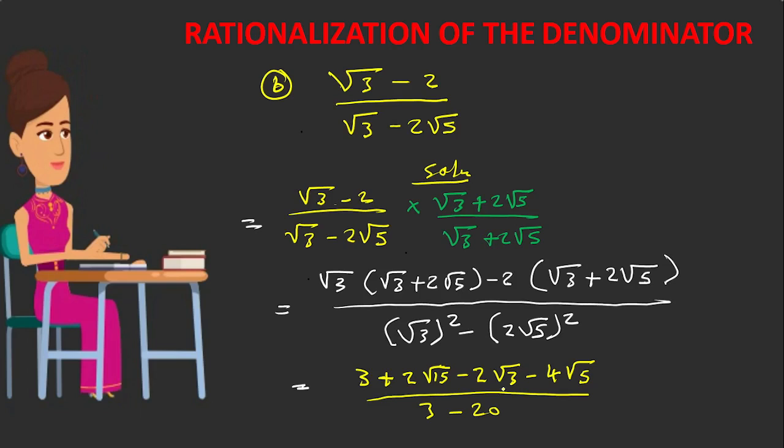So now we have 3 minus 20, which is simply going to be what? Negative 17.